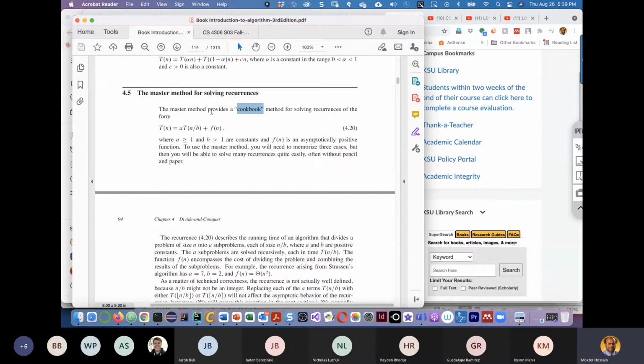So the Master Theorem provides a cookbook method, that means a template or a guideline, for solving recurrences of this form: T(n), the time to run an algorithm in terms of n, equals a times T(n/b) plus f(n), where a is greater than or equal to 1 and b is greater than 1. These are some constants.